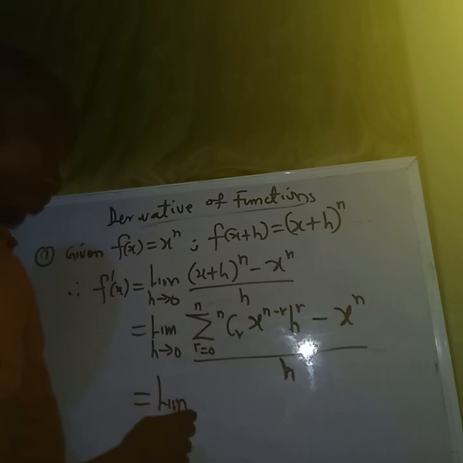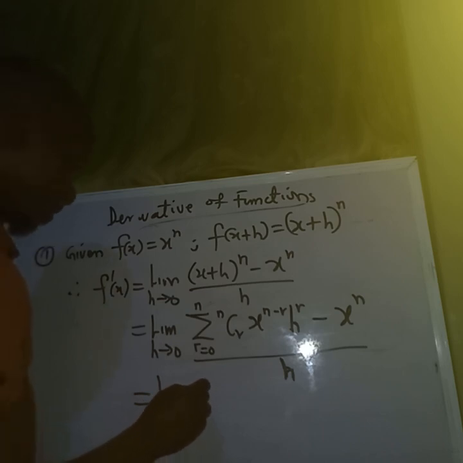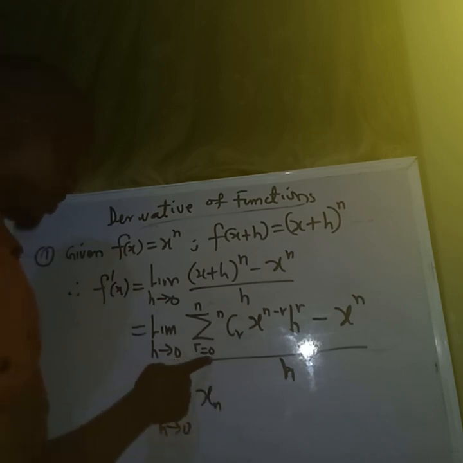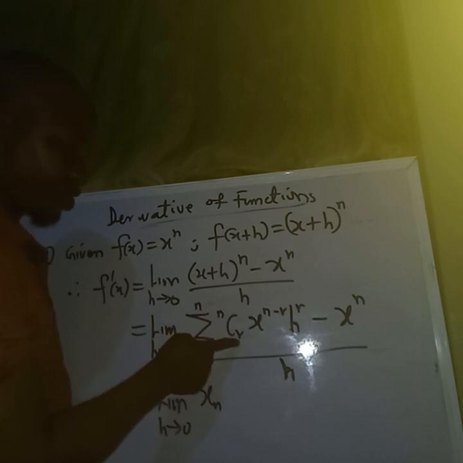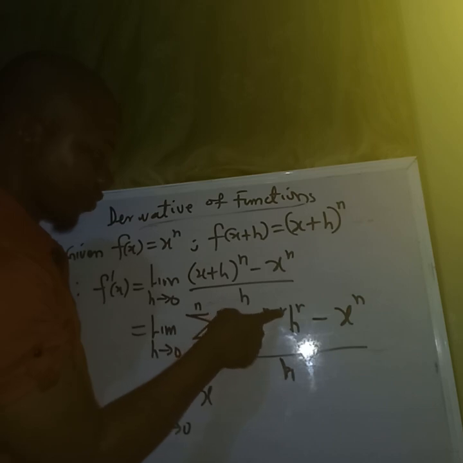If we express the first term of this, that is when r is 0, we have n combination 0, that is 1. When we put 0 here, that will be x to the power of n minus 0, then h to the power of 0.